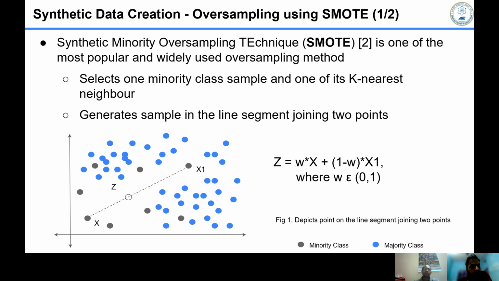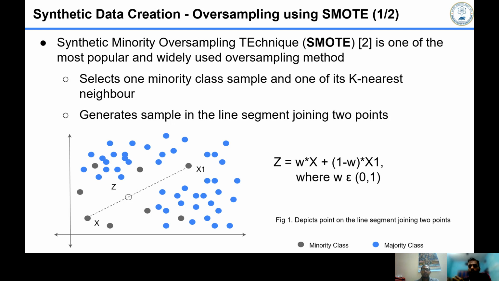The other problem to note here is that z is always going to fall between x and x1. No matter which two minority class observations you pick, the synthesized point is always going to lie between the boundary of those two points.